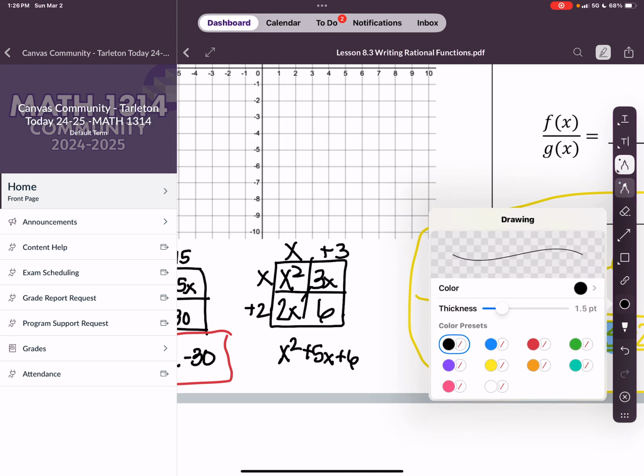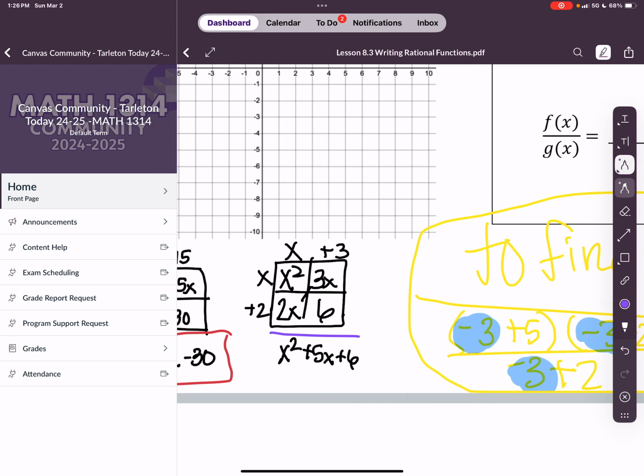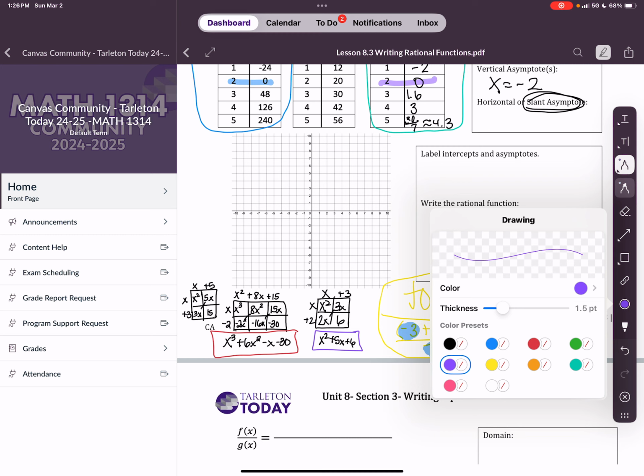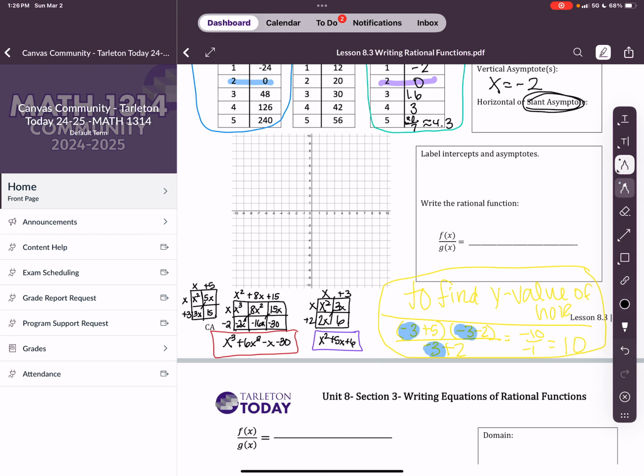And what I now have boxed in purple is our denominator. So going over here where it's telling us to write the rational function, I'm going to write these expressions: x cubed plus 6x squared minus x minus 30, all over x squared plus 5x plus 6.